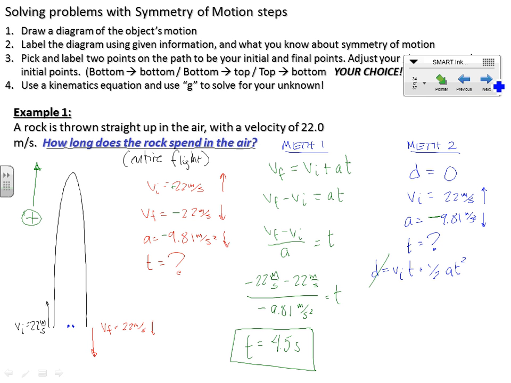We get, let's see, negative VIT equals 1/2 AT squared. Well, we can divide both sides by T and get that T is negative 2 times VI divided by A. Well, check this out.